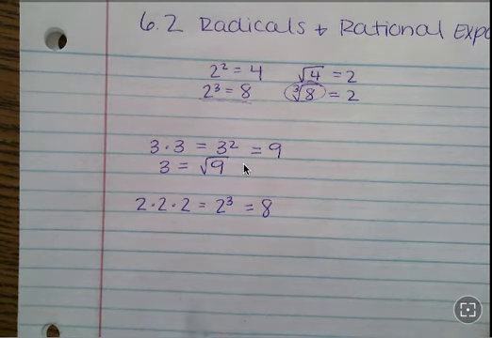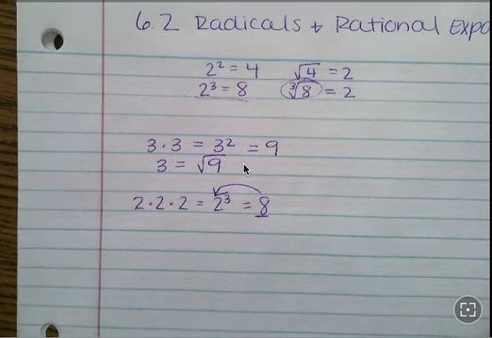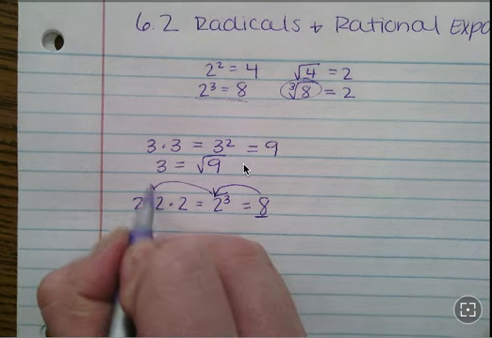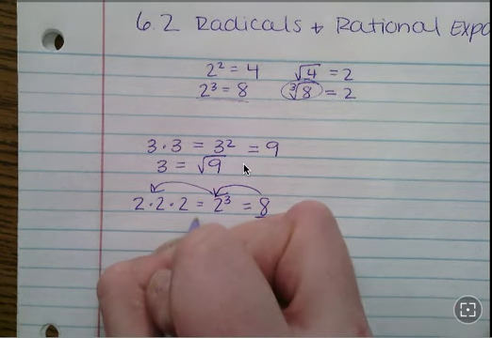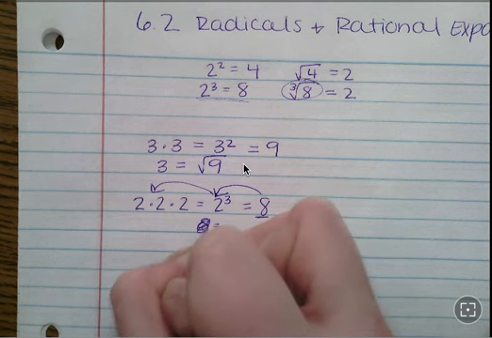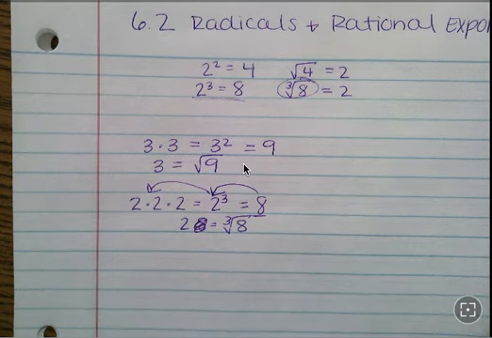So working backwards to get to 2, we say that 2 is equal to the cube root of 8. Okay, so it's just working backwards.